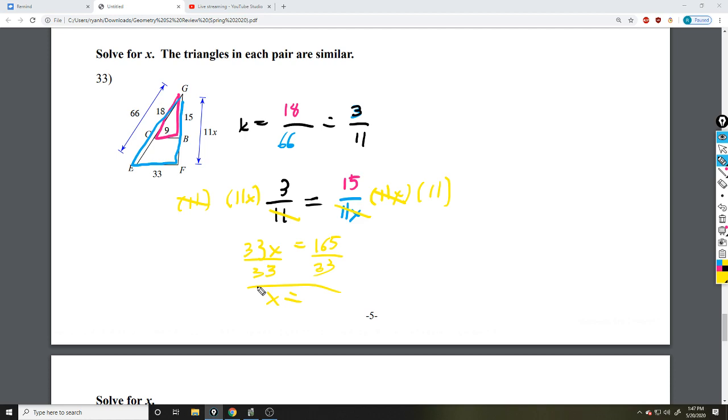And we get 5. So we get x here to be 5. So again, the process of solving these proportions, multiply to get rid of your fractions so that things cancel. Okay, let's do one more with these proportions and similarity, and then we'll go back to circles.